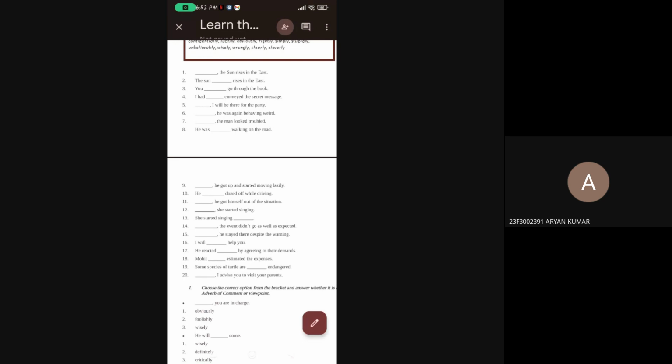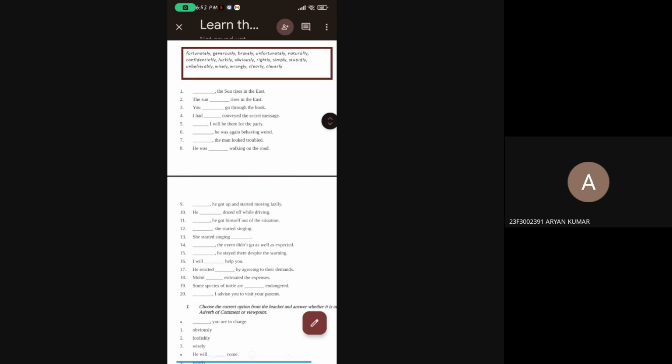Yes. 18th. Mohit dash estimated the expenses. Wrongly. Wisely. Yes. Wrongly. Wisely. Also rightly. Which means you can also use wisely. Yes. All good. Some species of turtle are dash endangered.